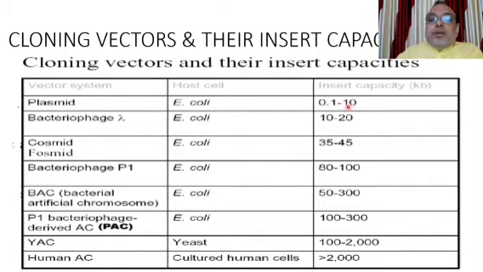These data are in kilobases. So using plasmids, you can propagate a DNA stretch of 0.1 to 10 kilobases, bacteriophages 10 to 20, so on and so forth, phosmids, bacteriophage P1 and artificial chromosomes, etc.